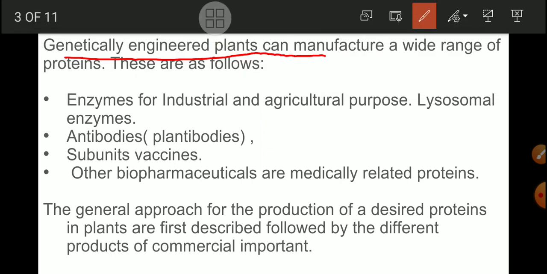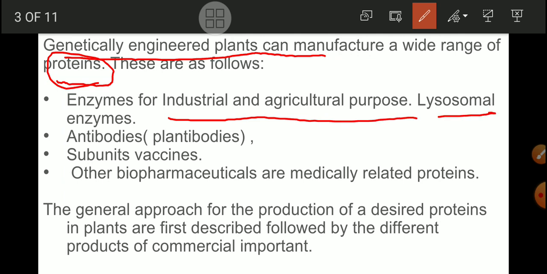So genetically engineered plants, which are nothing but transgenic plants, can manufacture a wide range of proteins. Which are those? First, enzymes for industrial and agriculture purposes, lysosomal enzymes, antibodies that are nothing but plantibodies, because we generate those antibodies from the plant, that is known as plantibodies.